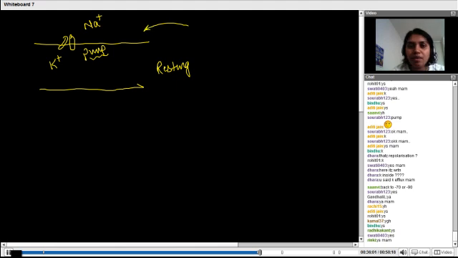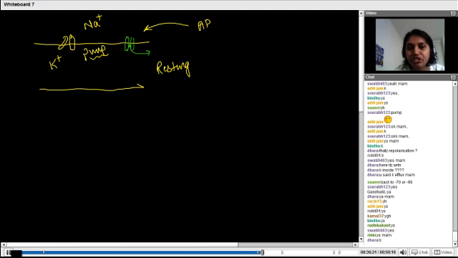Okay, now what happens is your action potential comes. What does it do? This action potential acts on these sodium channels, which had calcium here. It displaces that calcium and opens up this sodium channel.